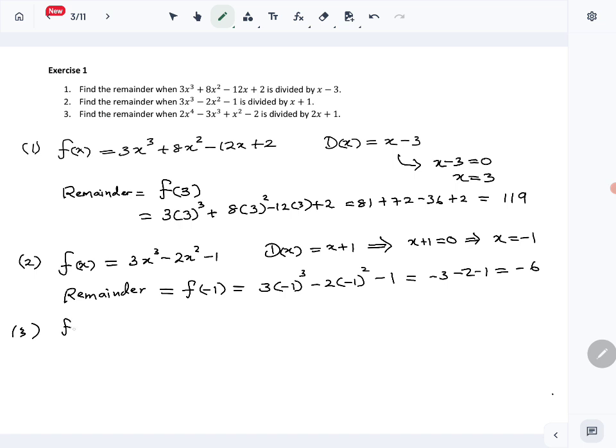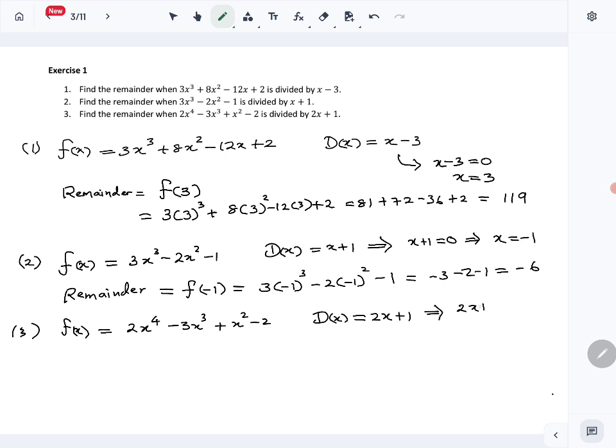So again, let's take f of x as the polynomial, 2x to the 4 minus 3x cubed plus x squared minus 2. What is the divisor? Right, 2x plus 1. Okay, so this is still a linear factor. Then you can always use the remainder theorem. This is a first degree divisor. So this is linear. So then you can do what?